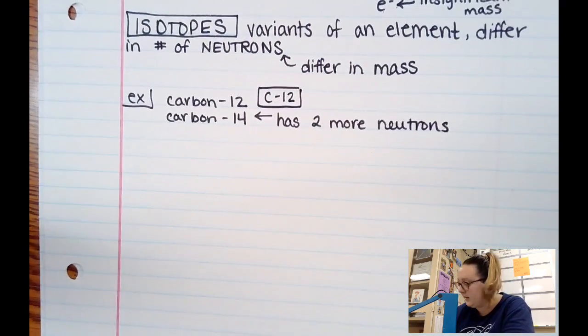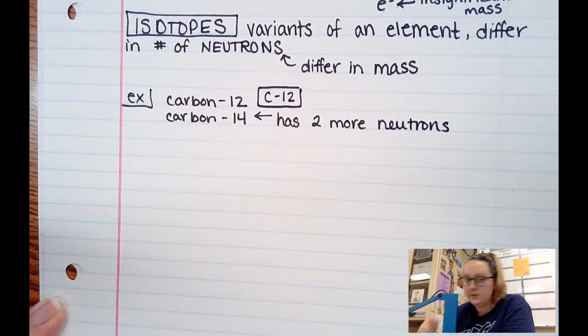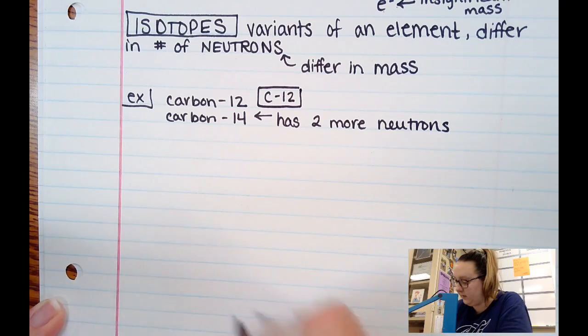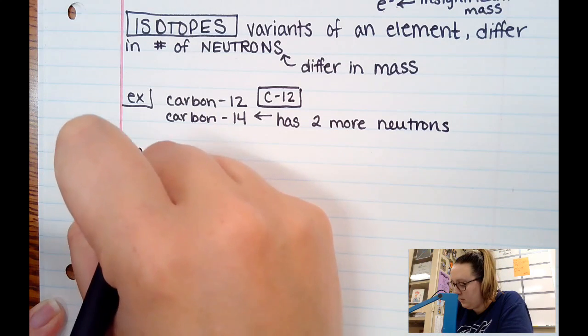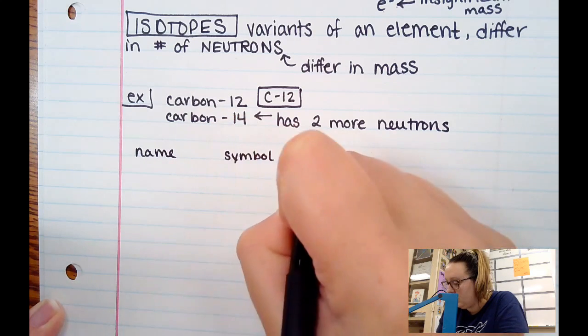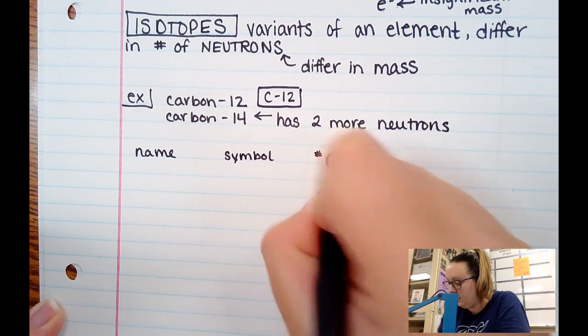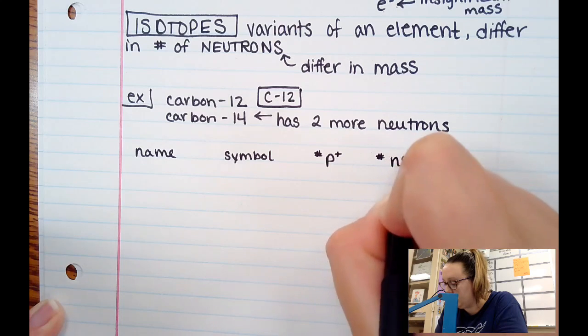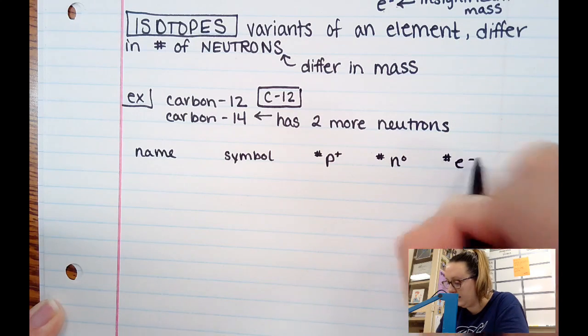Now let's look at this in a table to try to solve for some of these. I'll put name, symbol, number of protons, number of neutrons, number of electrons.